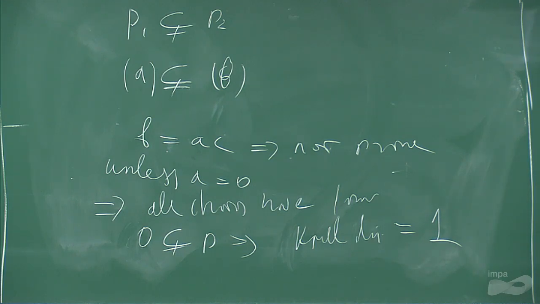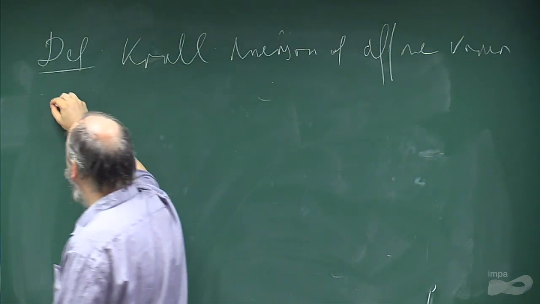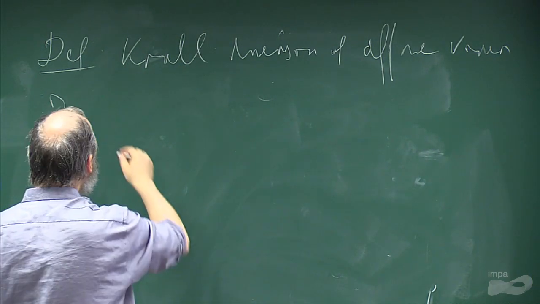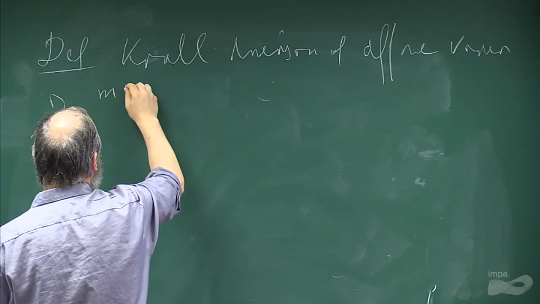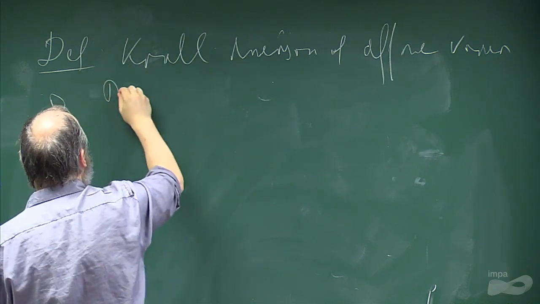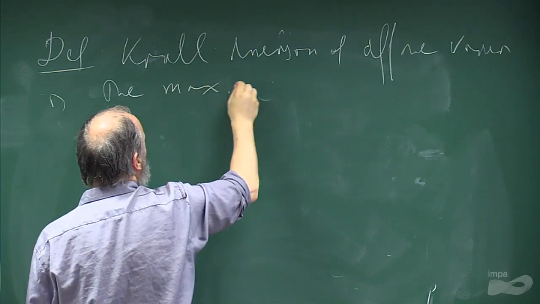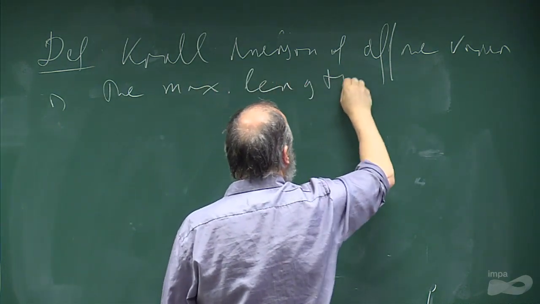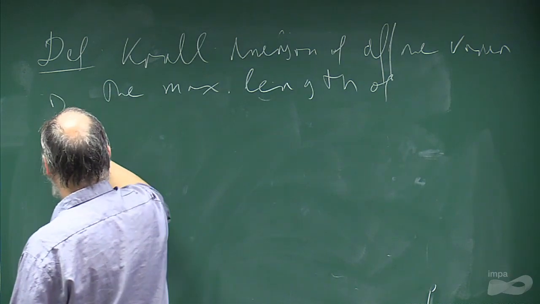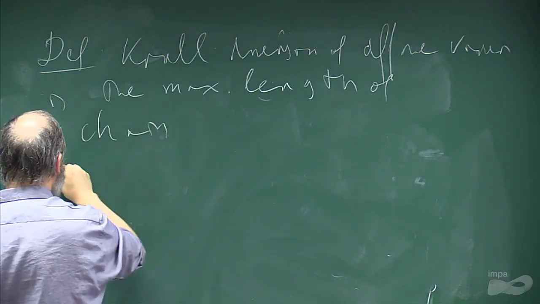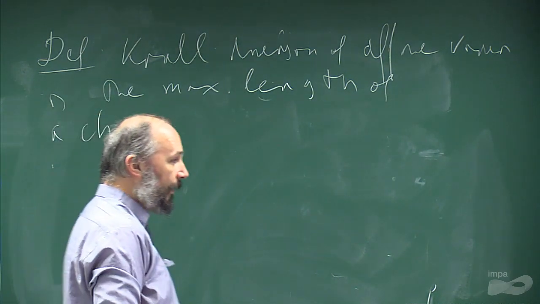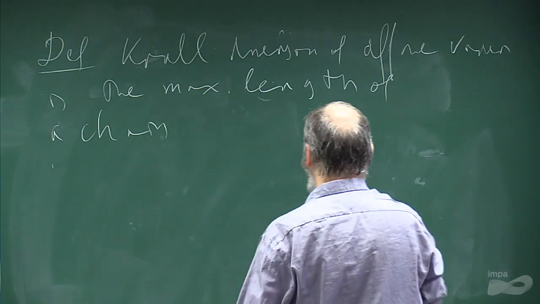The dimension of an affine variety is the maximal length of a chain of non-empty subvarieties.